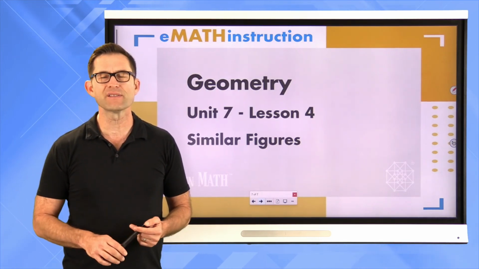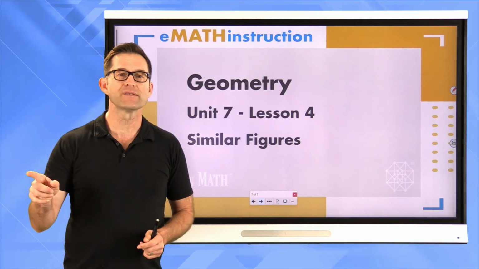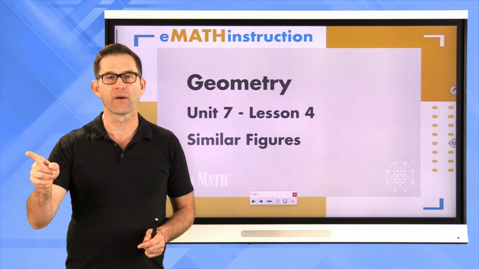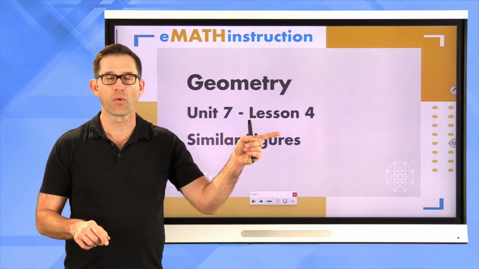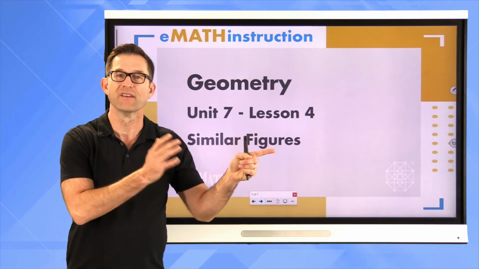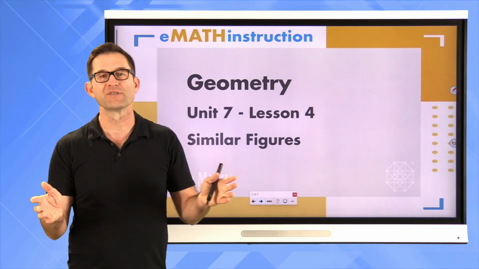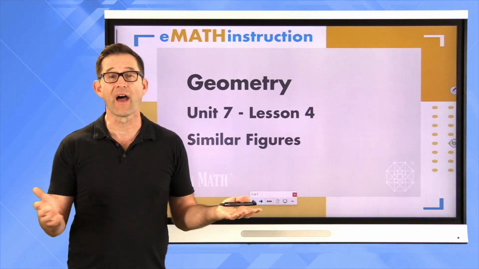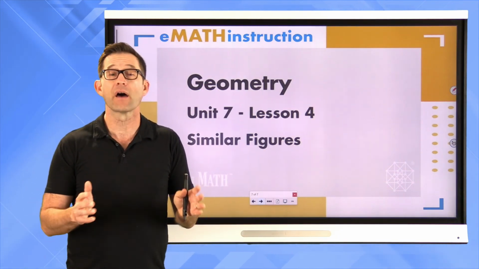Now that's just a fancy way of saying if one side in one triangle is twice the corresponding side in the other one, all the sides have to be twice the corresponding length. And of course, a scaling factor of 2 is a rather nice scaling factor, but that's got to always be true.